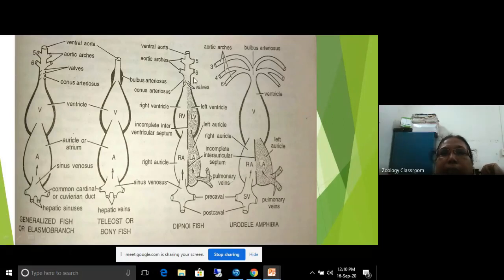In Urodela amphibia it is also called the bulbus arteriosus. And these are the aortic arches, the 3rd, 4th and 6th, which are found in the order Urodela in amphibia.